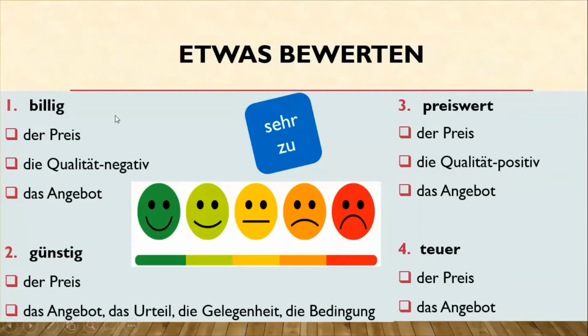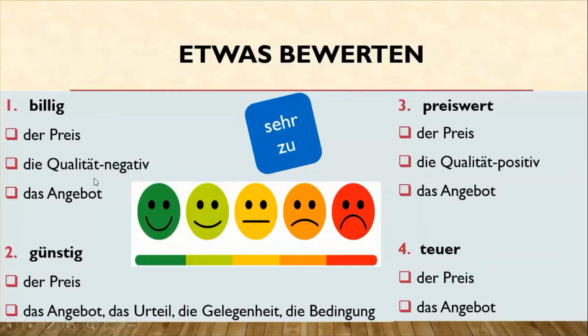Billig means when we're talking about something being cheap in terms of price. However, note that it can have a negative meaning also, in the sense that even though it is cheap, the quality is low.